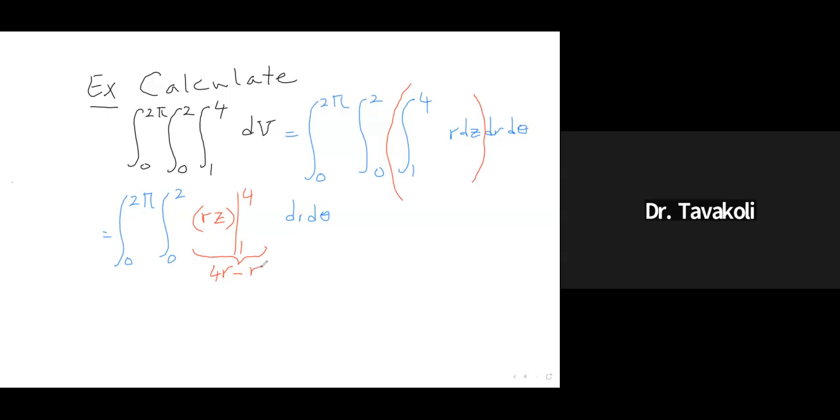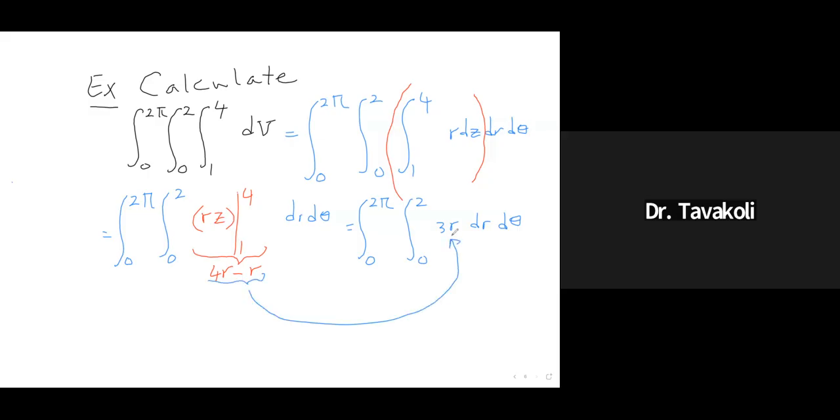So far what we have is the integral where theta runs from 0 to 2 pi, r runs from 0 to 2, of 3r dr d theta. 4r minus r is 3r.